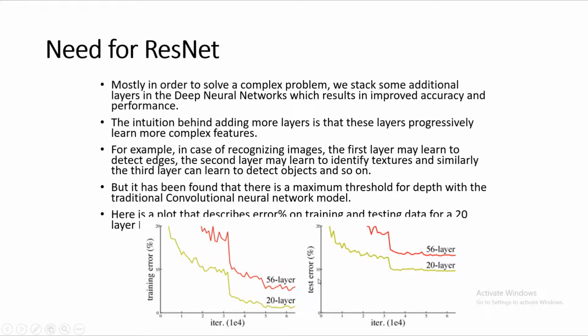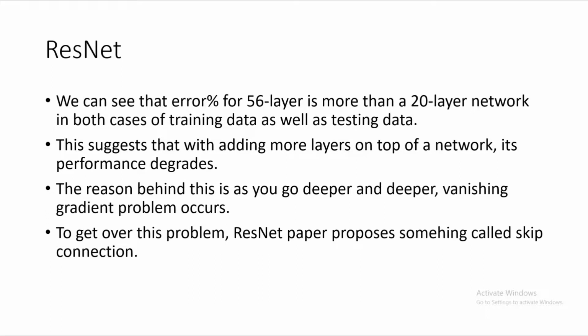So in case of 56 layers, the training error rate is high, and the test error percentage is high as well. So we can see that the error percent for the 56 layer network is more than the 20 layer network in both cases of training data as well as testing data.